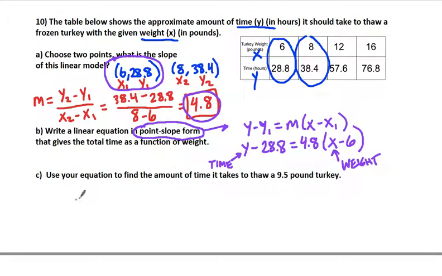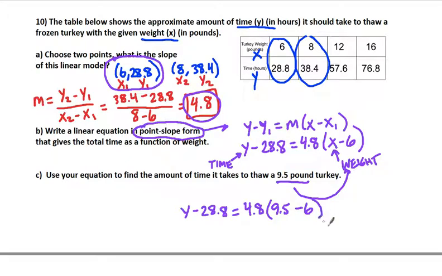So in part C, it says use your equation to find the amount of time it takes to thaw a 9.5 pound turkey. So 9.5 pounds is the weight. So that's going to go in for x. So we have y minus 28.8 equals 4.8 times, now for the x, we're plugging in 9.5 because that's how much the turkey weighs, minus 6.